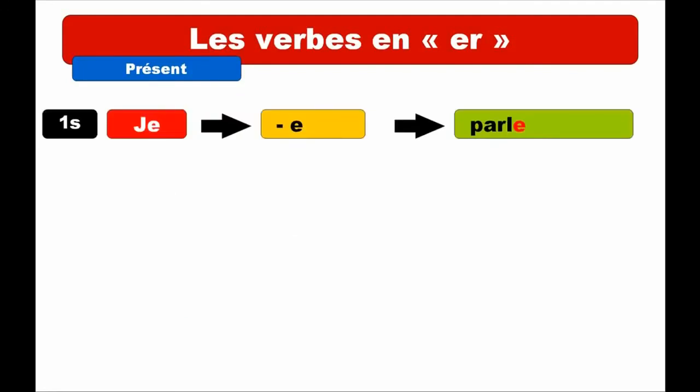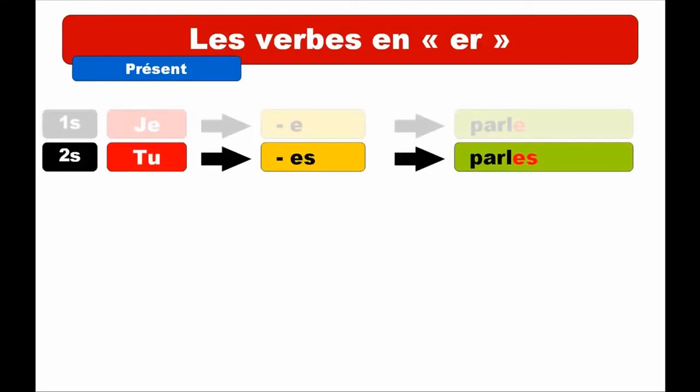For the first person, the ending for je is e. And so for our example, for the verb parler, you will get je parle. Repeat. Je parle. For the second person, the ending is es, and you will get tu parles.